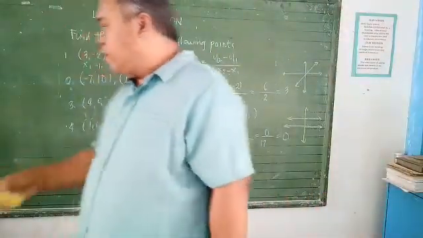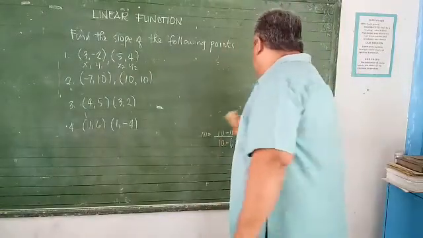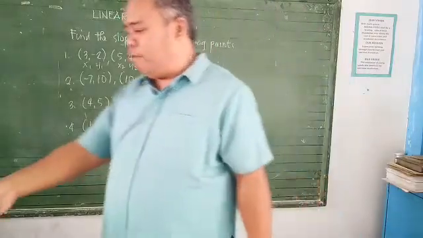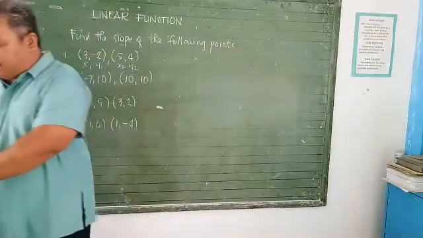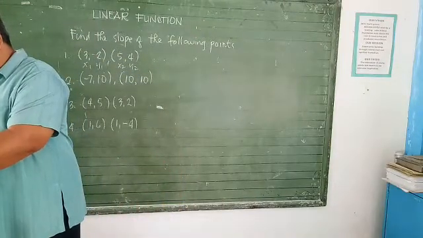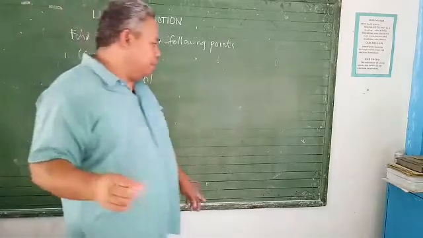Okay? So let's go now to the next example, which is number 3. You can consult your book. I think this topic is located on pages 118 to 119 of your reference book for this topic.